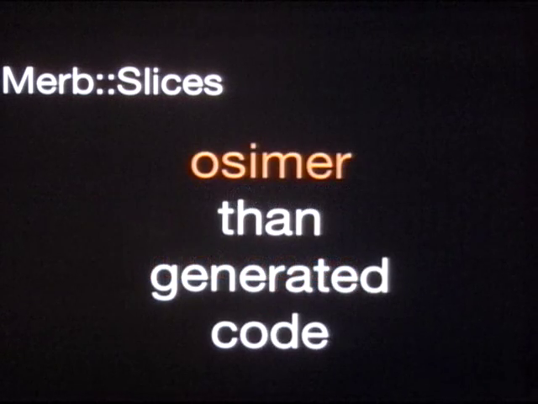So slices also are awesomer than generated code. Often if you want to reuse some code, you might think, well, let's write a generator and I'm going to generate that every time. The problem when you do that is every time you need to change your code, you need to modify it yourself. You cannot just regenerate it. So that's why we went for Merb slices and we said, well, Merb slices already exist in the gem.